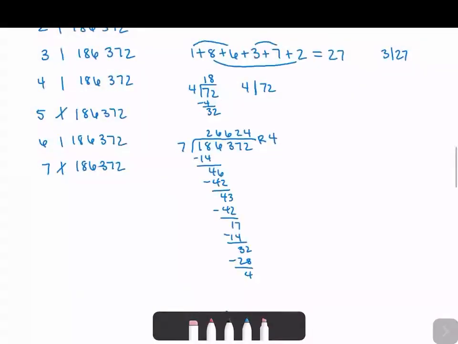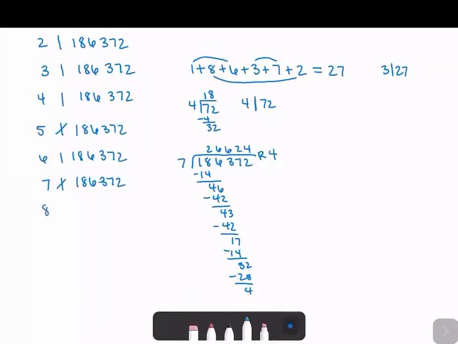So we're trying to determine if 8 divides 186,372. So we need to look at, does 8 divide 372? Again, we can just divide 372 by 8. 8 goes into 37 4 times with 5 left over, and then 8 goes into 52.